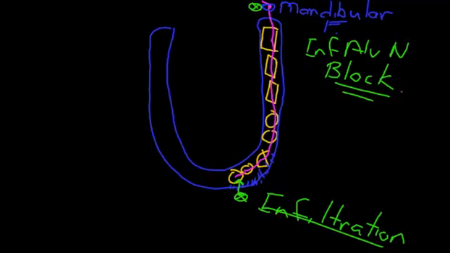For example, if we were going to extract one of these teeth, let's say this lower 6 here, we would not only need to block the action potentials that are coming from the pulp of the tooth, but we are also going to tear the gingiva on the lingual and buccal surfaces and to damage or break the periodontal ligament that is holding this tooth in place. So we need to understand the nerve supplies to these two areas as well.